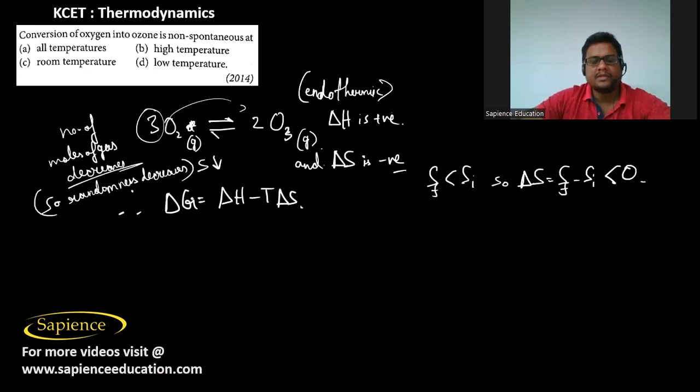So here delta G equals delta H minus T delta S. So delta H is positive and delta S is negative. So it will be positive minus negative, so it will come out as a positive value only. Therefore the change in Gibbs free energy is positive.